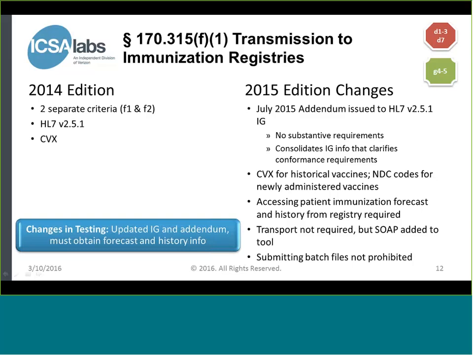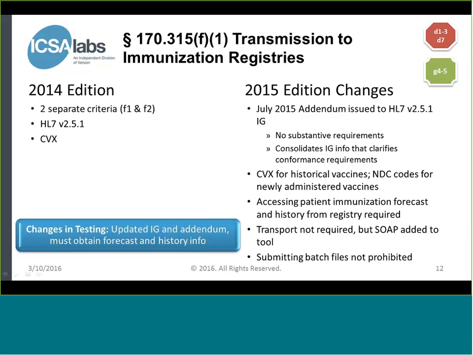So what the ONC has said is that for the purpose of administered vaccines, so when the immunization is reported at the time it's administered and the actual product is known, that's when you're going to send the NDC code. When you're sending historical vaccines and the actual NDC code is not available, that's when you're going to send the CVX code. You're also going to need to access patient information, forecast, and history from registries.